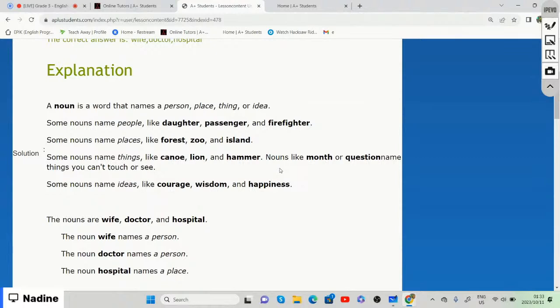People like, for example, daughter, passenger, firefighter, mom, mayor, president, right? Those are names of people. Then we have names of places, which is, for example, forest and zoo and islands.